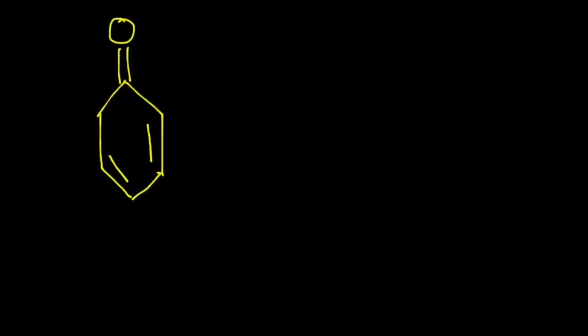Can it show tautomerism? We sure have a carbonyl group present here. So all we need to do is first check for alpha hydrogens. Now one alpha hydrogen is present here and we have two alpha H present here. So it will show tautomerism. But the question is from which side?